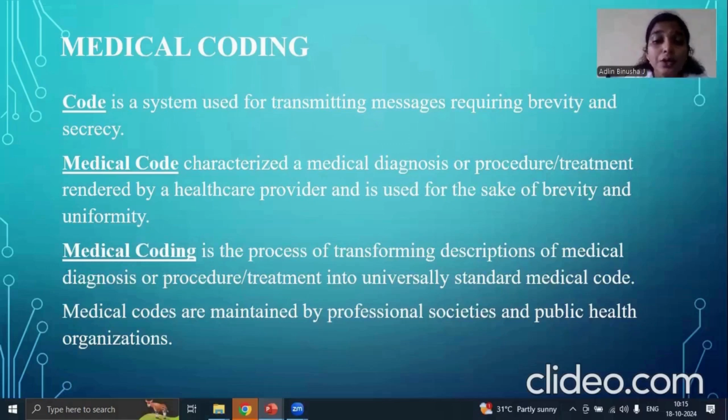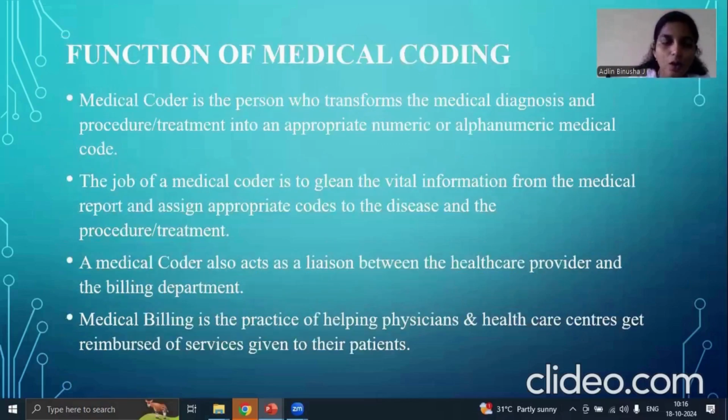It is a universally standard medical code. These codes are maintained by professional societies or public health organizations. It's completely created and maintained by WHO, the World Health Organization.